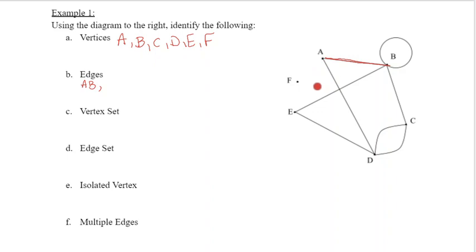Let's start with all of the edges that start at A. So then I have AD as an edge. I have BB. That edge connects B to itself. BC. BE.